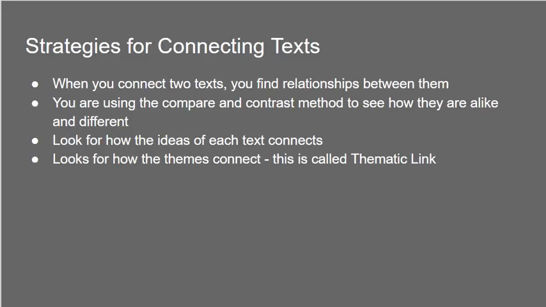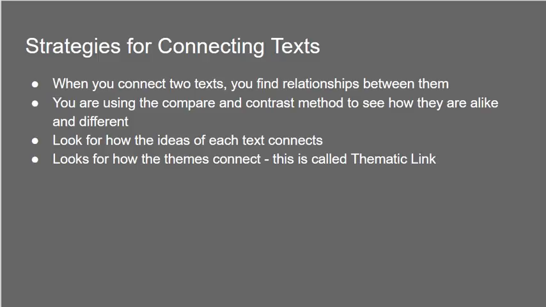Now let's talk about strategies for connecting text. When we connect text, we find the relationships between them. Like with our example with cats and dogs, you may think they're completely different, but we found how cats and dogs can be the same. You're using kind of like a compare and contrasting method to see how they're alike and different. Look for ideas of how each text connects. In our example of the cats and the dogs, we found out that they're both good pets.